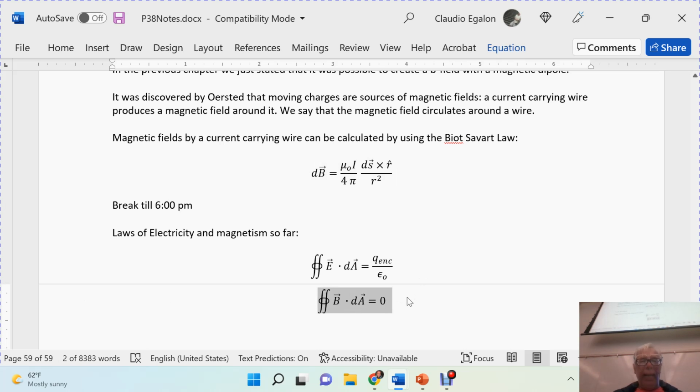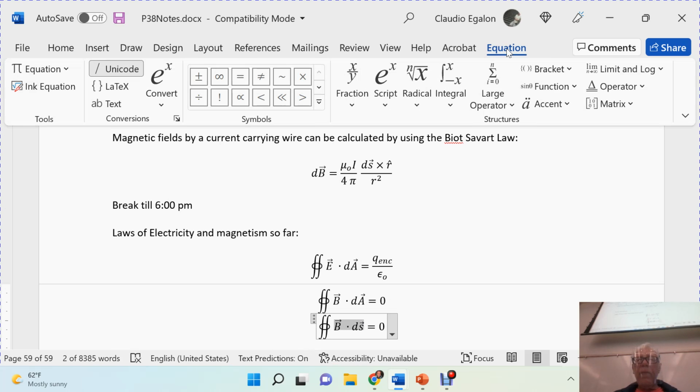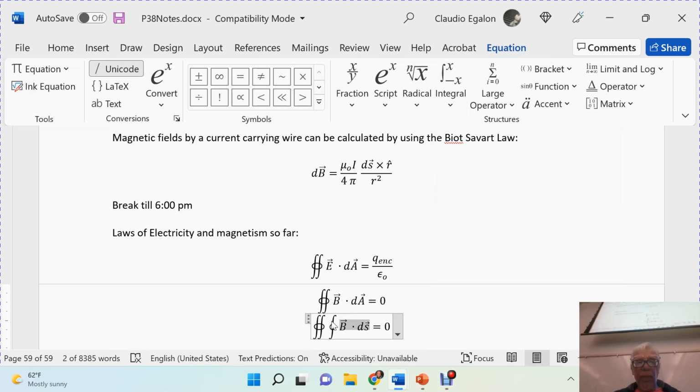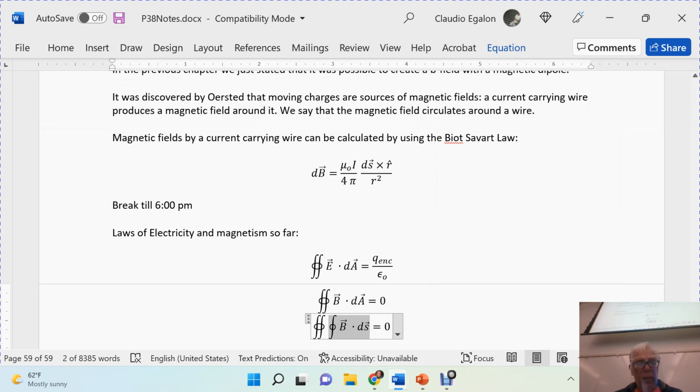And the way you write that in integral form is the following. B dot ds equals mu naught I.